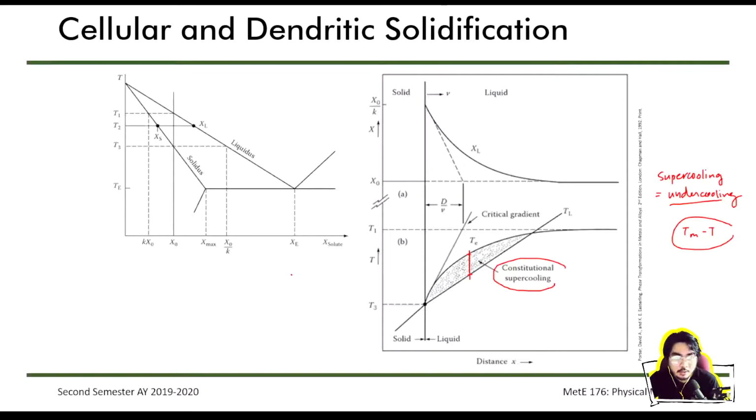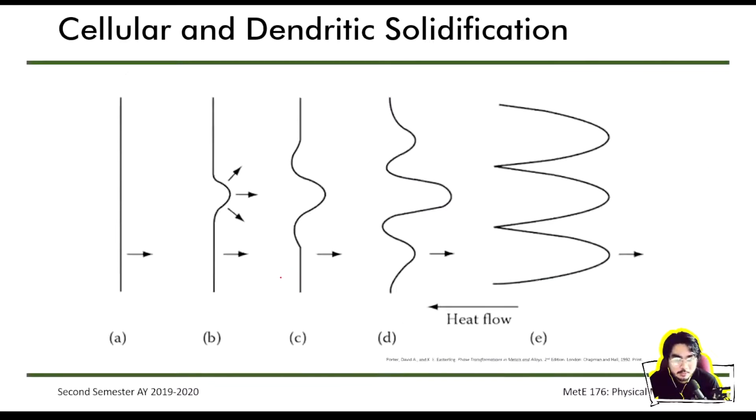Okay? So if you have constitutional supercooling, then the likely behavior is cellular or dendritic solidification. It's much the same as before, where we had thermal supercooling, growing into a supercooled liquid, but this time we are growing into a supercooled liquid caused by differences in composition.